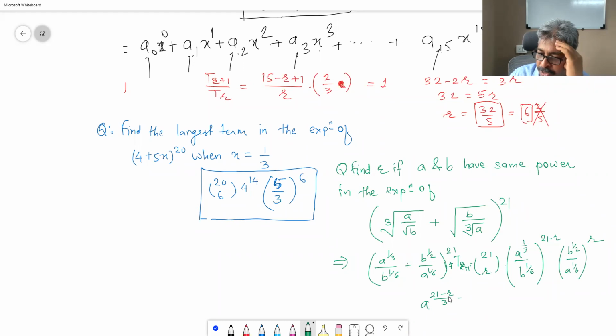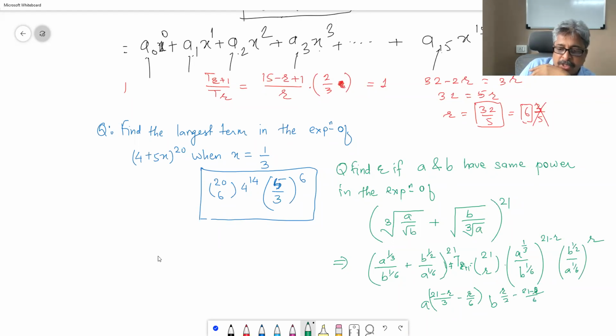A is (21 minus r) by 3 minus r by 6. This is the power of a. And what is the power of b? B is r by 2 minus (21 minus r) upon 6.